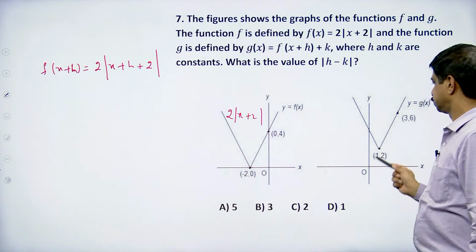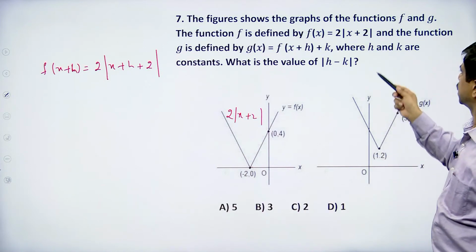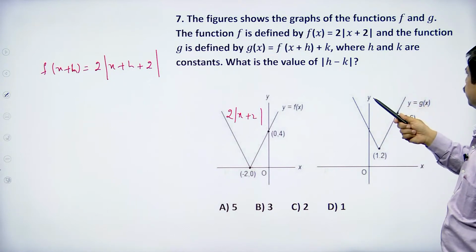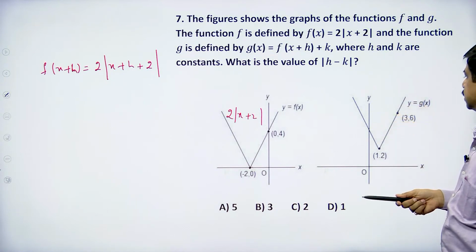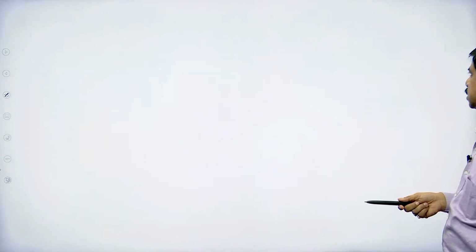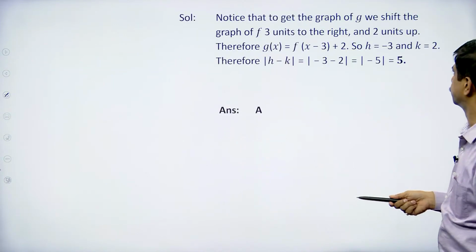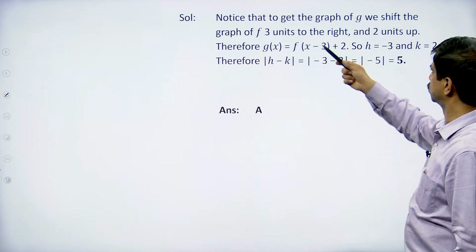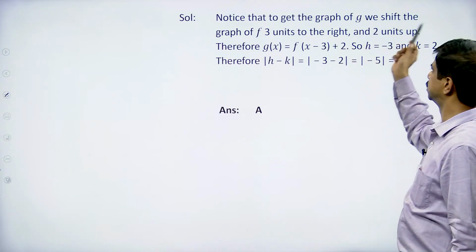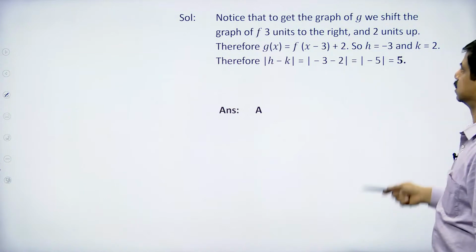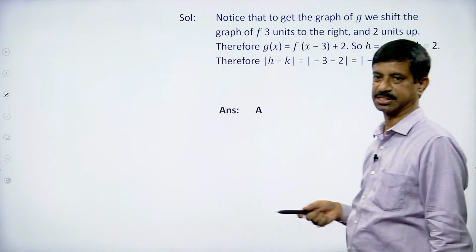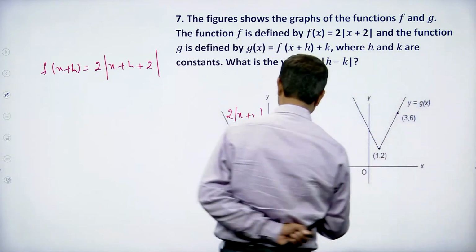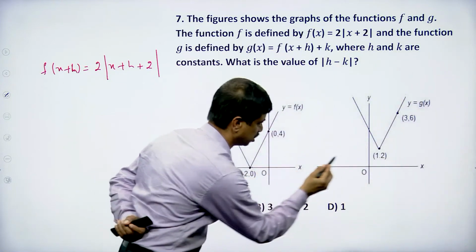So now why we are taking this where h and k are constants? He said constants, but he did not talk about moving through 3 units for x and 2 units. Acha, here notice that to get the graph of G, we shift the graph by 3 units. Acha, so based on the graph we are discussing, okay. So this is given, children. So now you observe, here it is minus 2 is becoming 1.